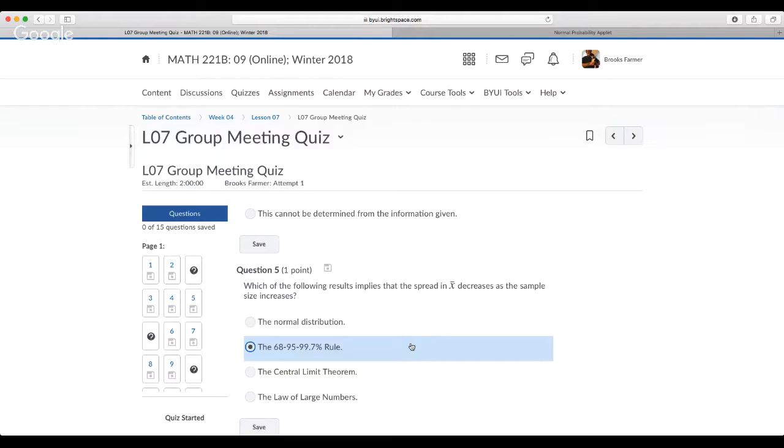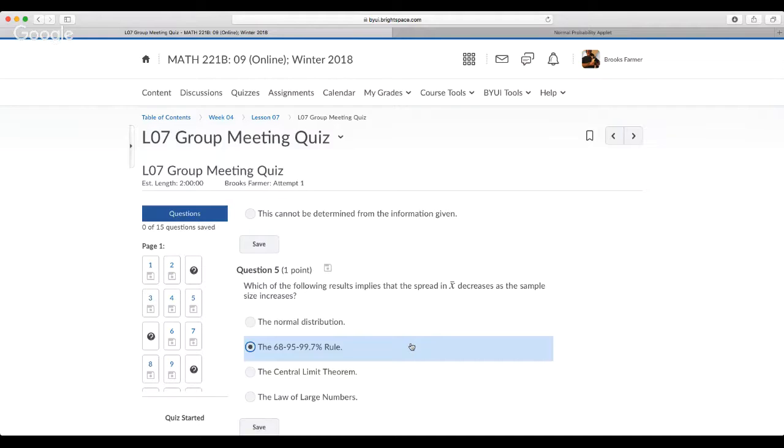Let's talk about this for a sec. That's fine. All right, yeah. To be honest, I'm not 100% sure whether it's the 68, 95, 99.7 rule or the central limit theorem. The central limit theorem is talking about the shape of the distribution. The law of large numbers is talking about accuracy. I believe the 68, 95, 99.7 rule talks about the spread of standard deviation. In a normal population, 68% of the population is going to fall within one standard deviation, between -1 and 1.